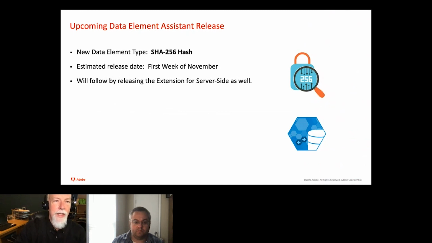So we're going to add a new data element type that will provide a SHA-256 hash of a value that you provide. We're going to initially release this in the existing extension on the client. I was hoping we'd have it done before this, but you have to do the paying client work first, so we're hoping to have that out around the first week of November. It'll be a new data element type. You can feed one in and you'll get a hash value.